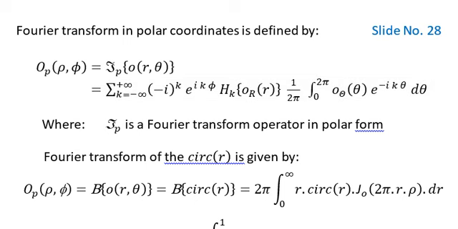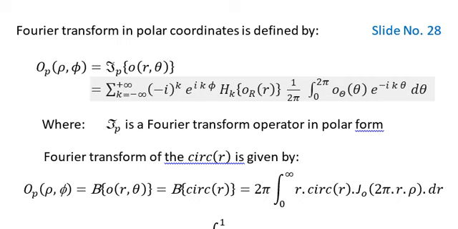Let's read it. This is a summation from k equal to minus infinity to plus infinity of minus iota raised to the power k, e to the power iota k phi, and then the Hankel transform of order k operating on the radial part of this function, which is O subscript R as a function of R.